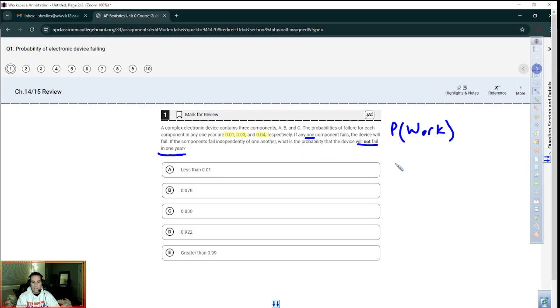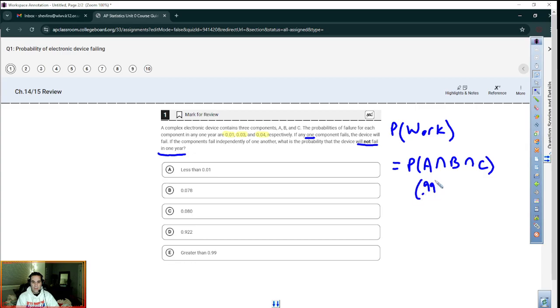So we need A to work and B to work and C to work. Not to fail, you need them to work. So that's going to be 0.01. No, sorry, that's the failure rate. See, this is the common mistake people are going to make.